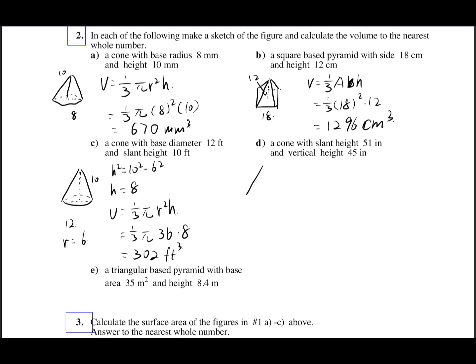And for D, the slant height 51 minus 45 square equals the radius square. So the radius is 24, and the volume equals 1/3 pi.